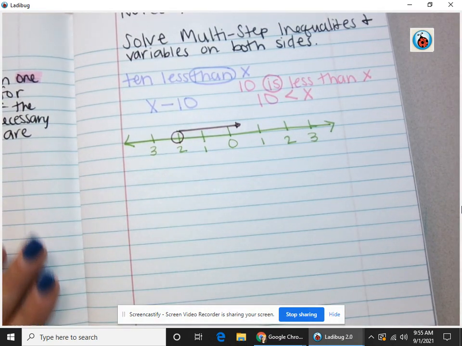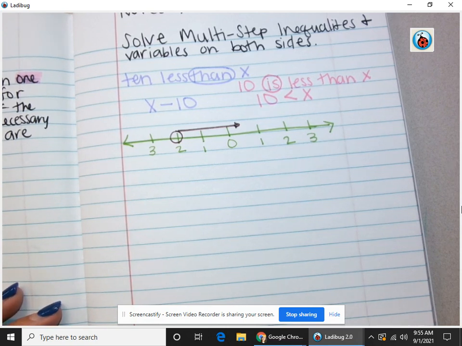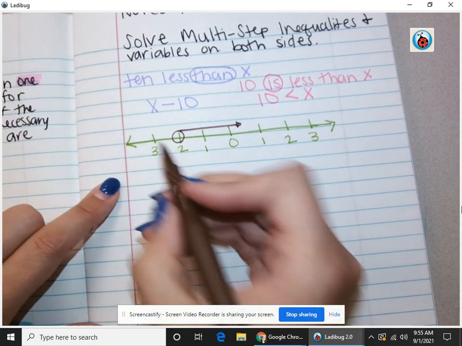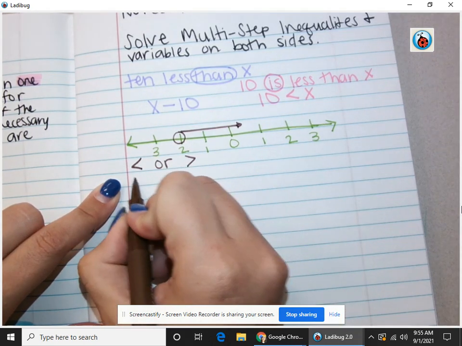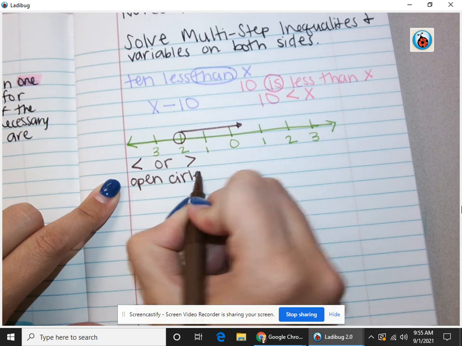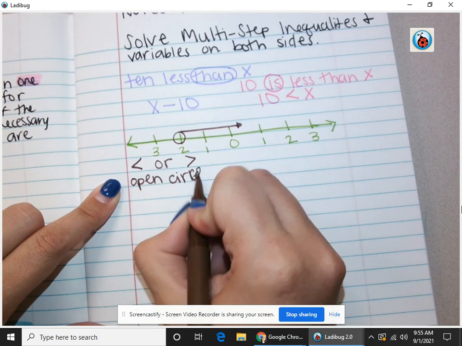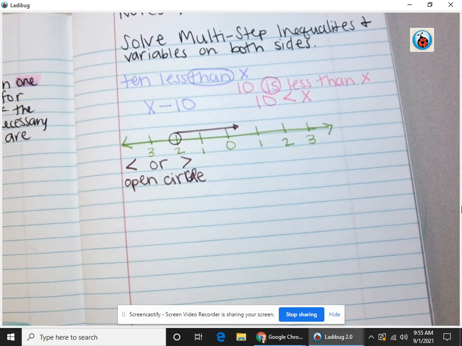Now, do we remember what that open circle means? Yes, it's not equal to. It's not equal to, so it's just less than or greater than. And so that's when we have an open circle. If I could spell, that would be great. Okay.